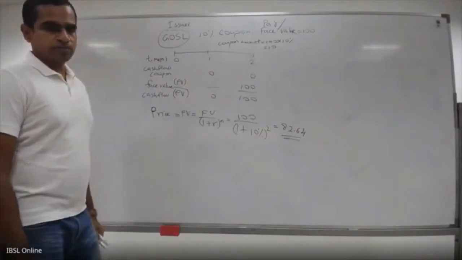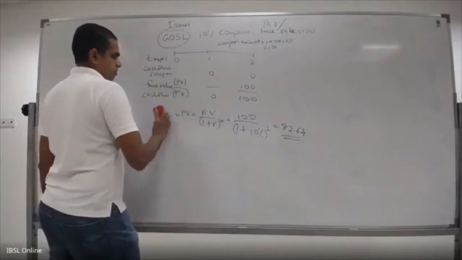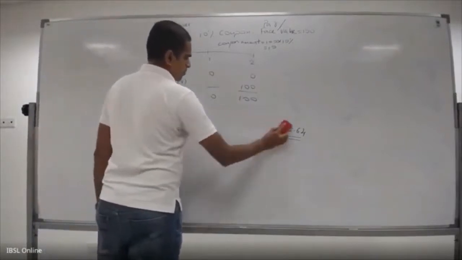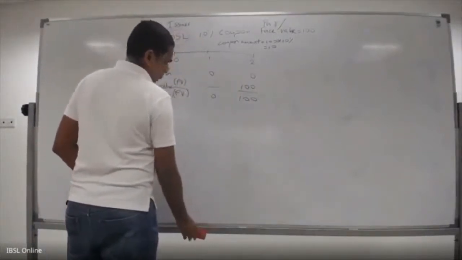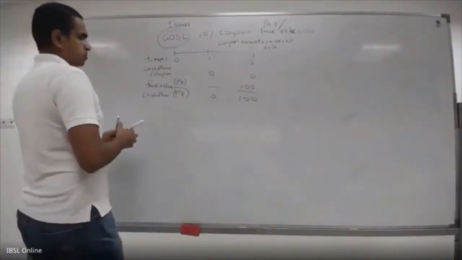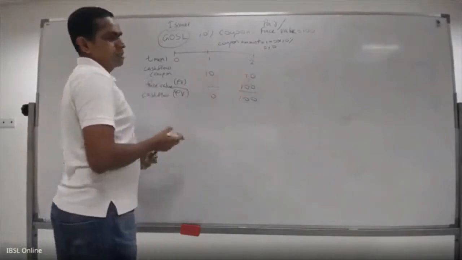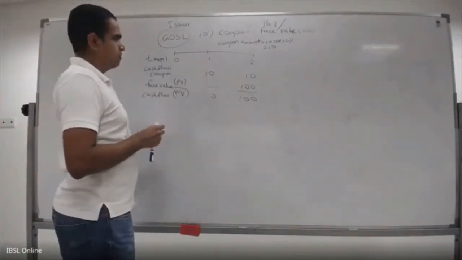Right. Now, what if I take a small change? What if I add a coupon to this? Say 10% coupon. Let's say this carries a coupon of 10. 10% coupon, so you get every year coupons of 10.